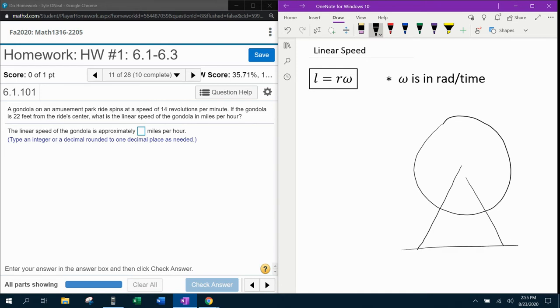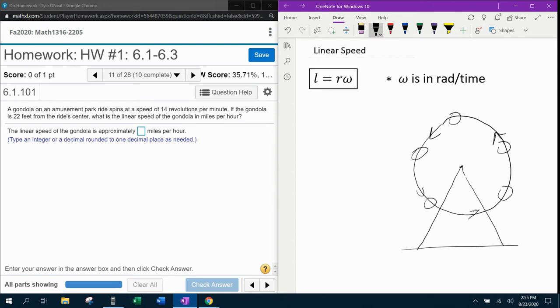This is just an estimation of what's going on here, but it says a gondola on an amusement park ride spins. So I'm going to guess that this is kind of like a Ferris wheel where you may have gondolas, which are the carriages around the wheel, and they're spinning in a certain direction, okay?